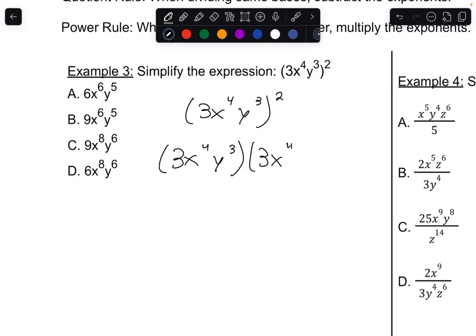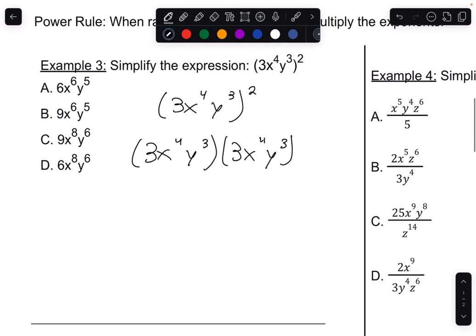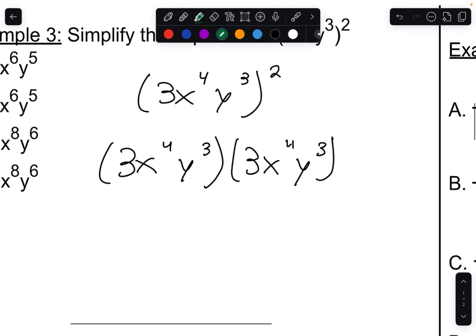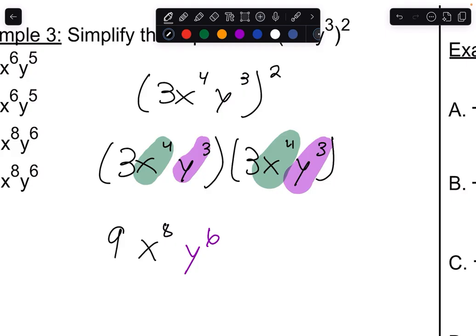And now this starts to become like the product rule, where you have x to the 4th, 4 x's, and x to the 4th, another 4 x's. So in total, you have 8 x's. Same thing, you have 3 y's here, so y cubed, and another 3 y's here, so you have y to the 6. And then you just get 3 times 3, which is good old 9.